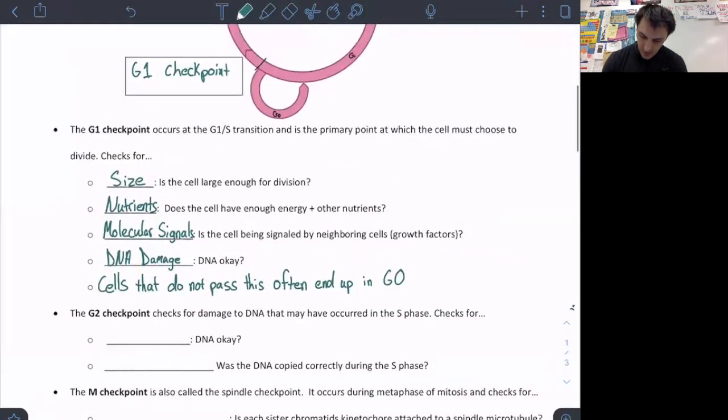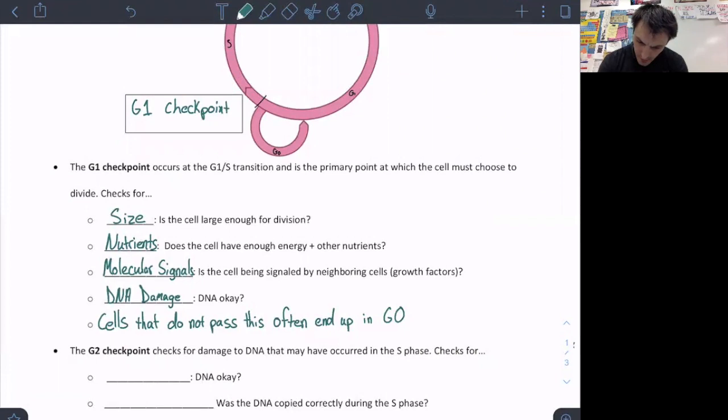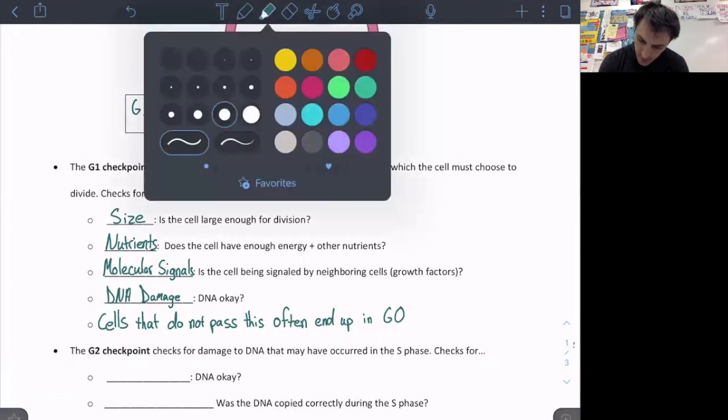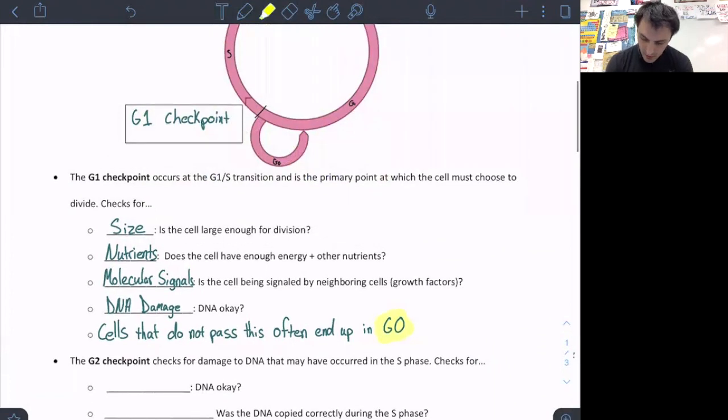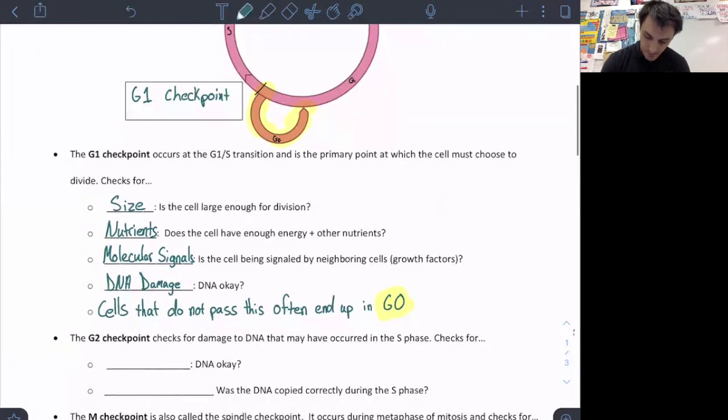You can notice up above, and I'll just highlight it so you can see it a little bit better, that it says G0, and it kind of looks like "go," but it's actually the opposite. It's like a pause. It's really saying, hey, the cell's not ready yet. We're going to go into this pause phase before we actually proceed.